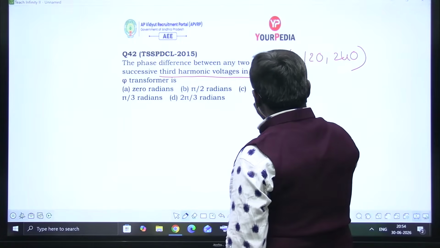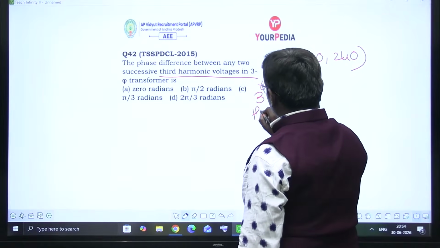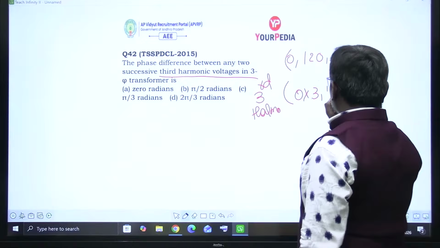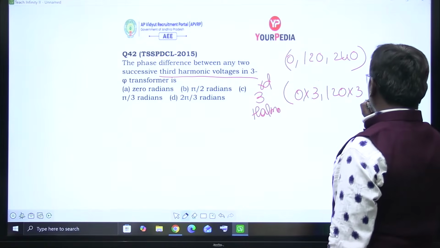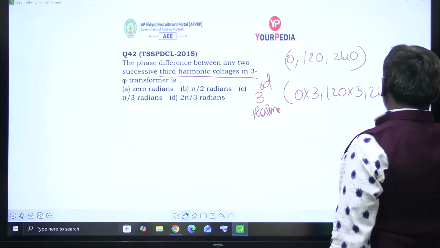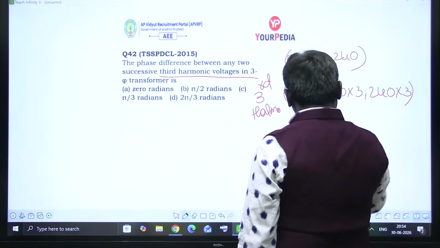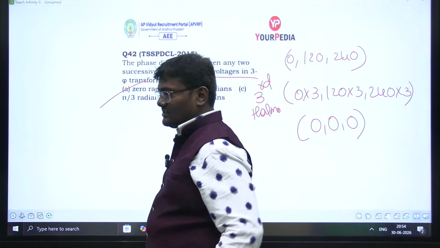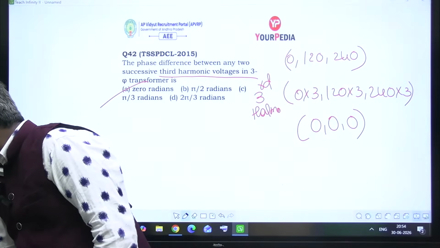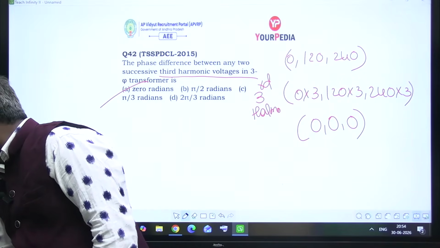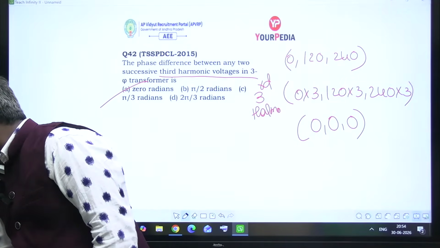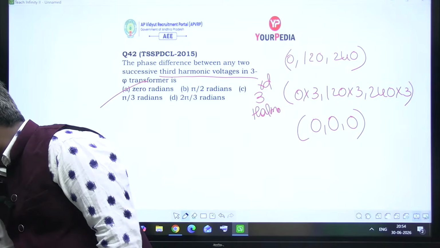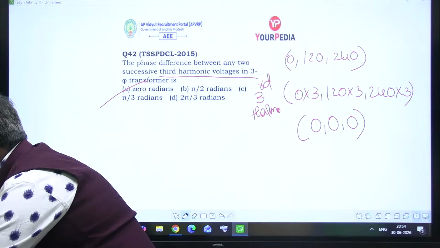But for the third harmonic, what happens? The third harmonics are 0 into 3, 120 into 3 and 240 into 3. Third harmonics are multiplied. So this is 0, 0, 0, which is 0 degrees, 0 radians.